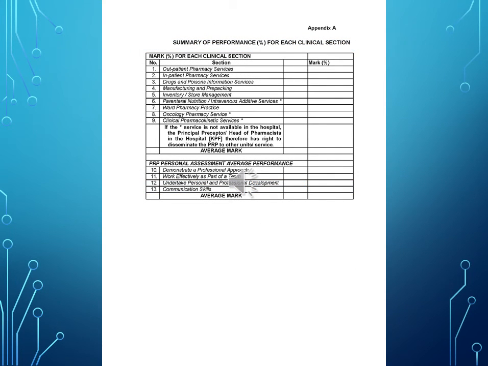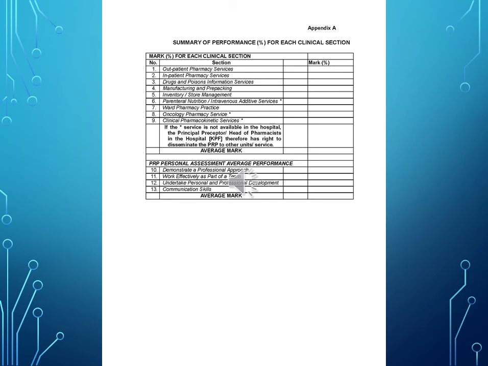Summary of performance: % for each clinical section mark. No. Section mark %. 1. Outpatient pharmacy services. 2. Inpatient pharmacy services. 3. Drugs and poisons information services. 4. Manufacturing and pre-packing. 5.